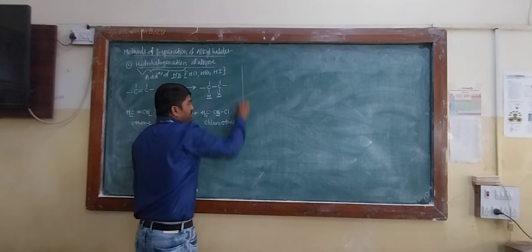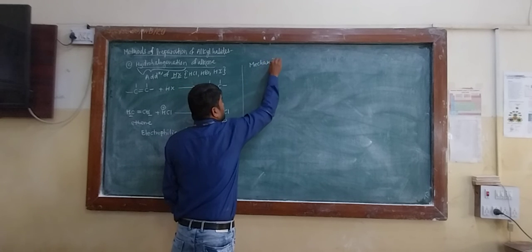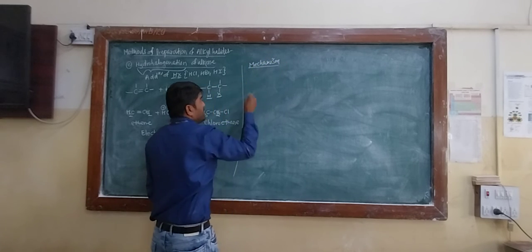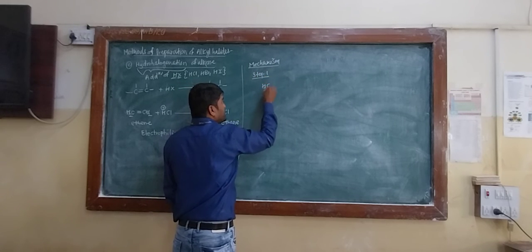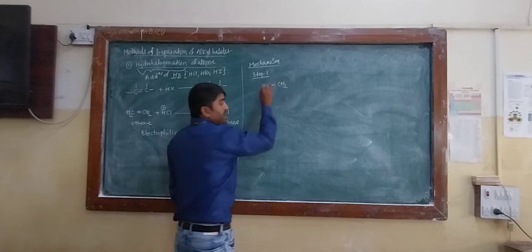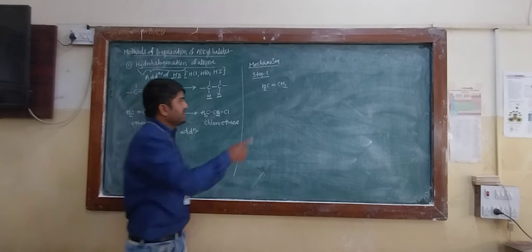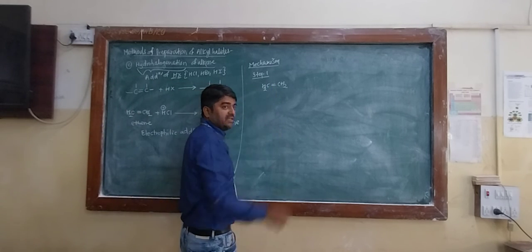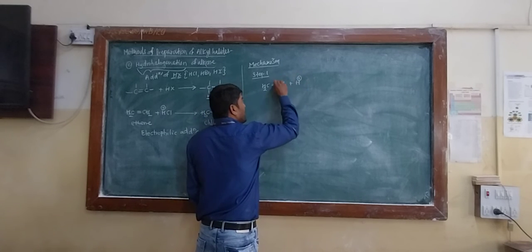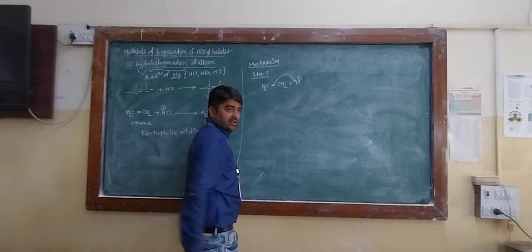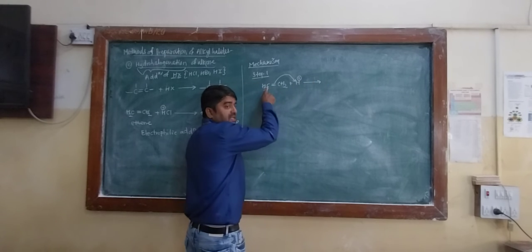Now let us see the mechanism of the reaction. In step 1, CH2=CH2. You know the pi electrons are loosely bound between carbon and carbon. So these act as a source of electrons, while hydrogen halide is the source of proton, H+. These electrons attack the H+ ion. So there is protonation of the alkene. You will get a positive charge on this carbon atom.